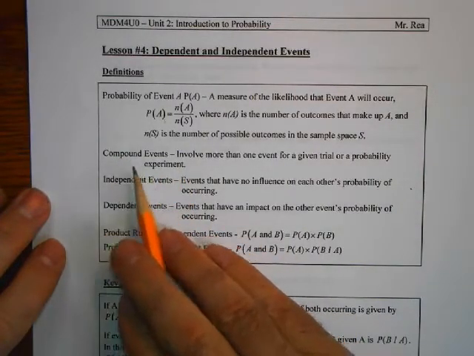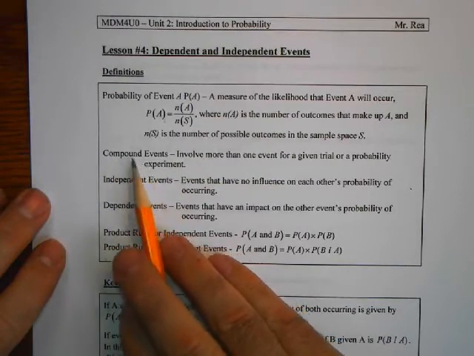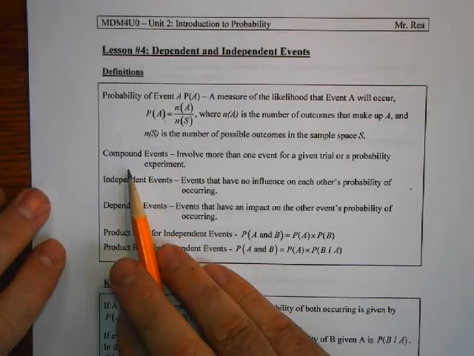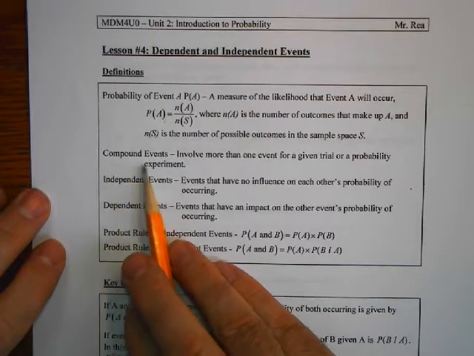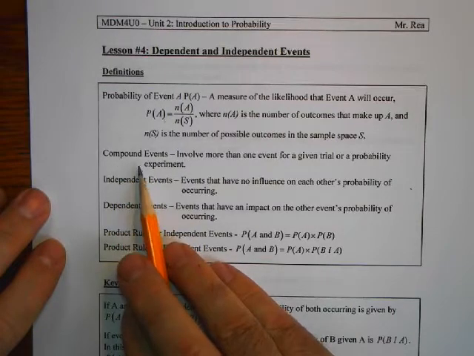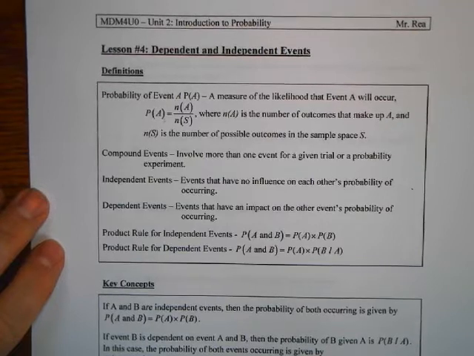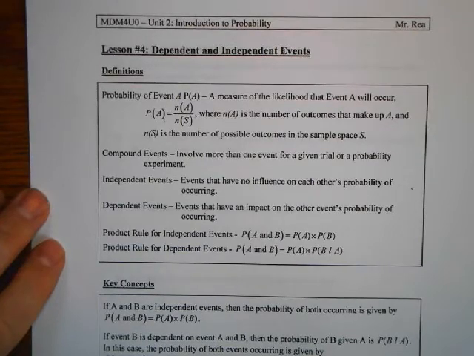Anytime we involve more than one event, we call it a compound event, compound meaning more than one. We're mainly focusing on two events. So we're going to be looking today at how we calculate the probability of the two events both happening.